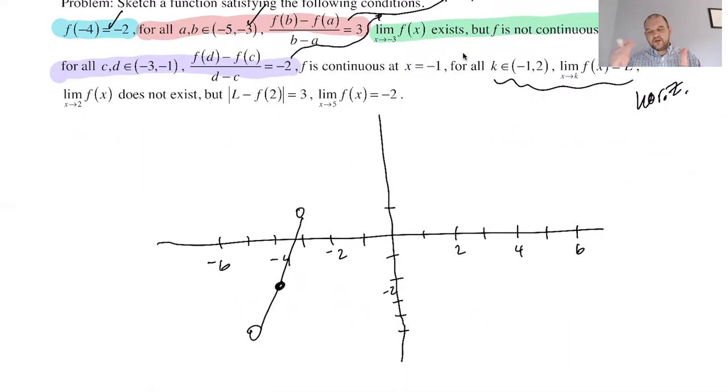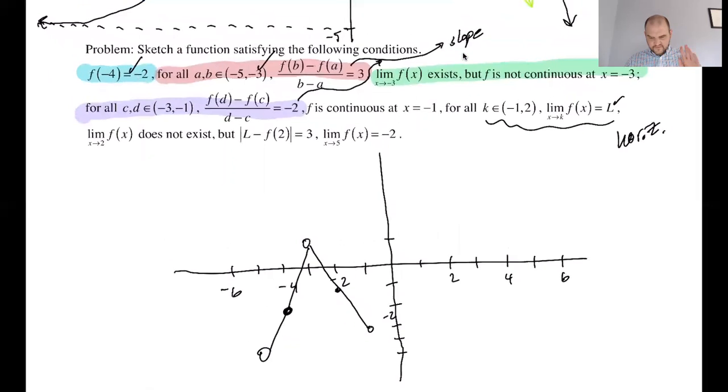And then if I go over 1, I'll go down 2. So let me do that. Over 1, down 2 puts me here. And then it's until -1. So if I go over 1, I'll go down 2 again. So that'll be -3. I don't know what to do there, so I'm just going to open circle it. Let me fill this in.